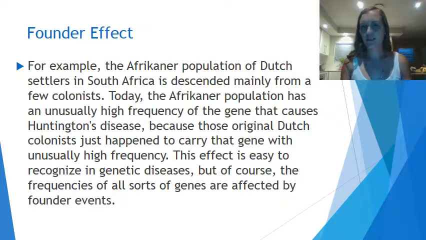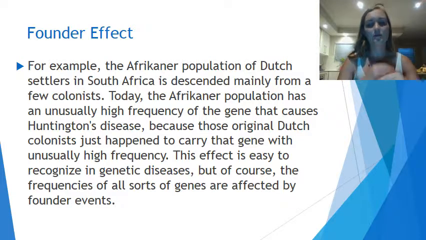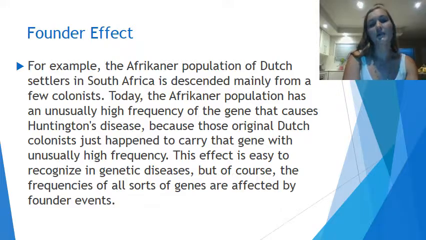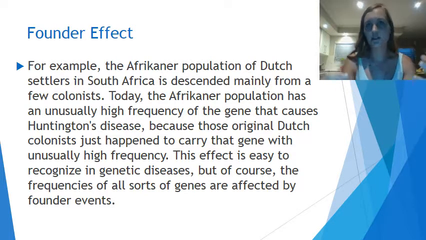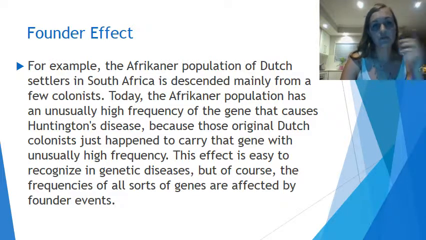And we've spoken about Huntington's disease before. It's a really severe disease that causes both physical and mental degeneration to the point where you will die at a younger age than usual. So it's a terrible disease. And so now we've seen in South Africa that people with the original Dutch heritage happen to have a much higher frequency of Huntington's disease occurring. So you can see how the founder effect, reducing genetic variation, can be a negative.